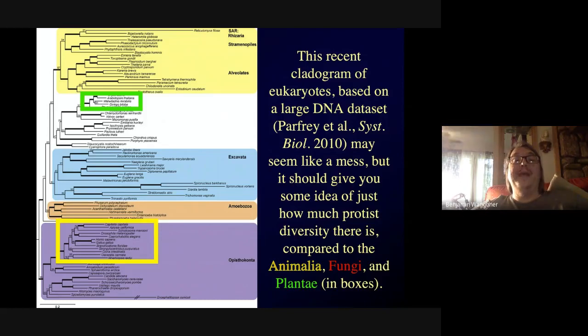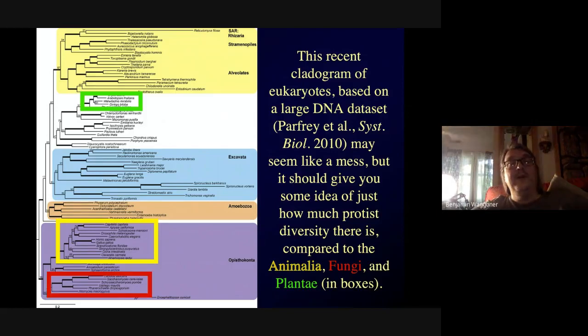The true plants are about 3/4 of the way up. There's a little grouping, I don't know if you can even read it, but it includes ginkgo and Arabidopsis. Those are true plants. The fungi are down at the very bottom, about the bottom third of the purple box. And everything else belongs to many branches, and many of them are not especially close to either one of those three groups.